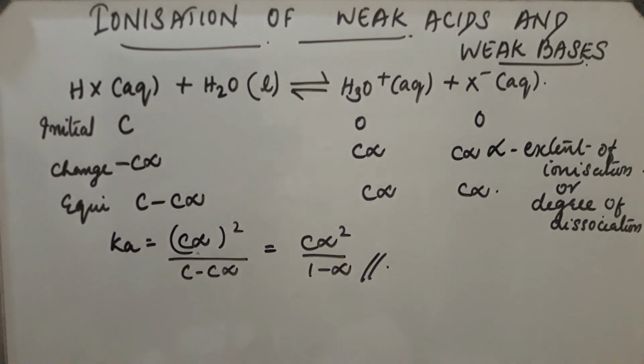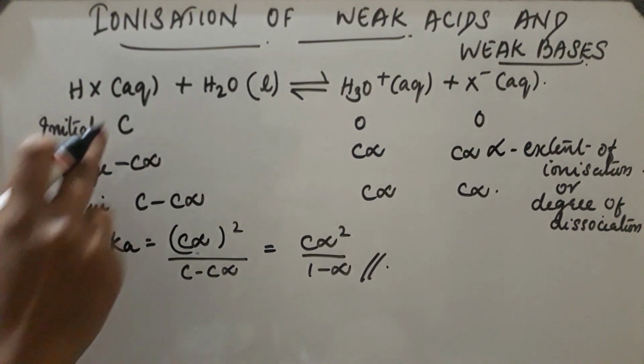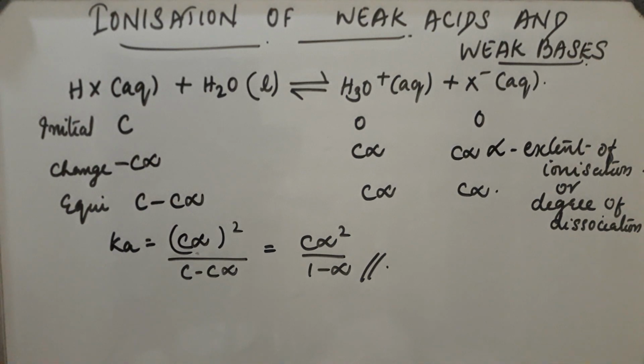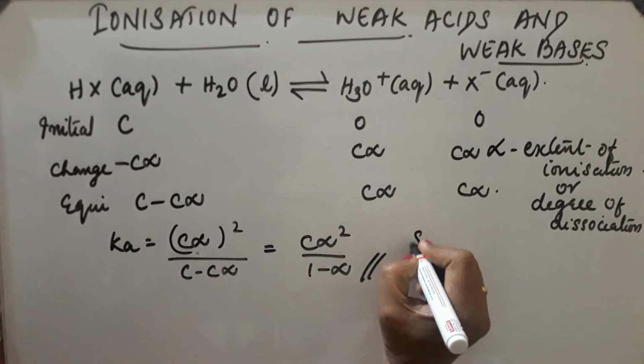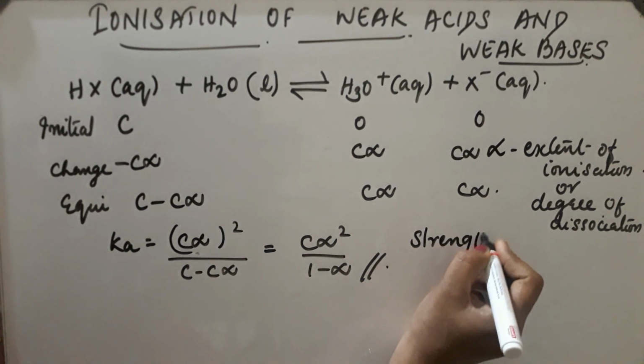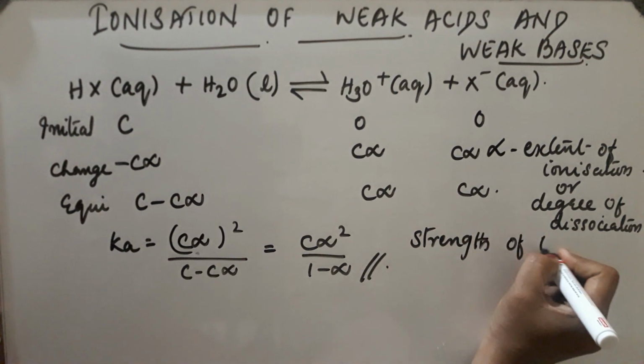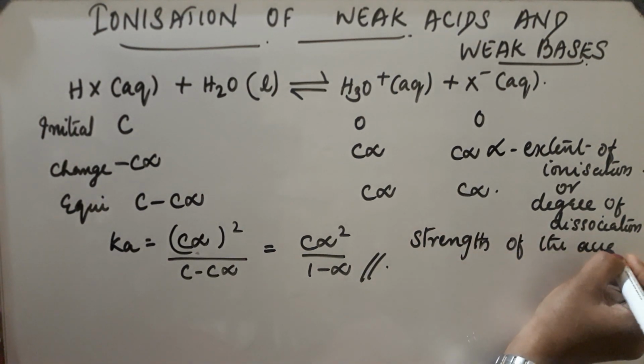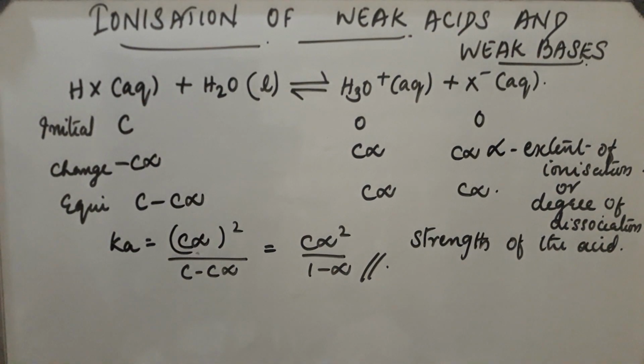So this will be Ka. Ka is the ionization constant of the acid HX, and Ka is the measure of the strength of the acid. Ka is also dimensionless. Greater the value of Ka, stronger will be the acid.